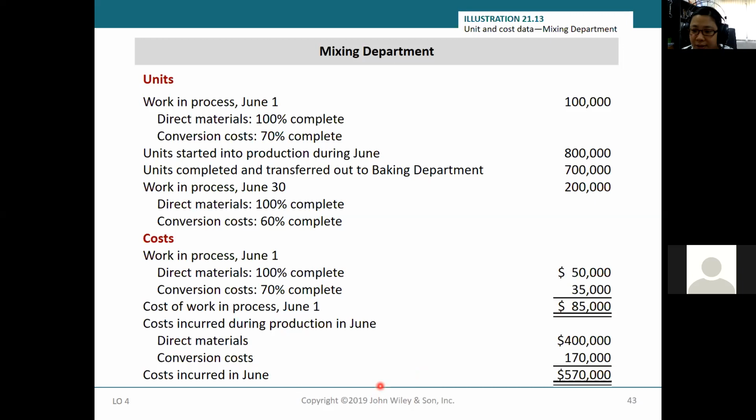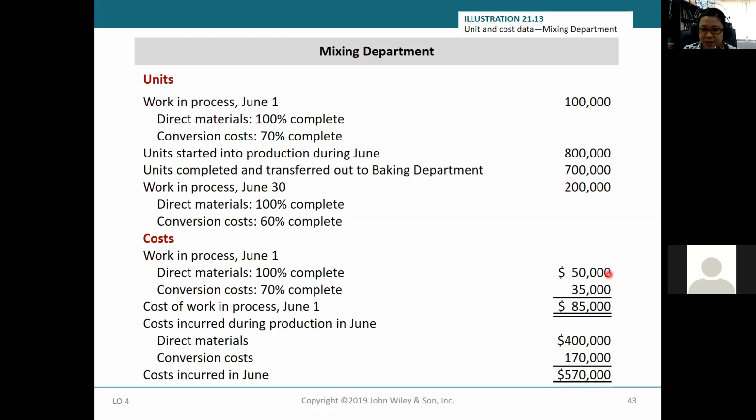Is 50,000. 50,000, correct. And then how much is the cost of direct material that I use in the production process during June? 400,000. Good, very good.